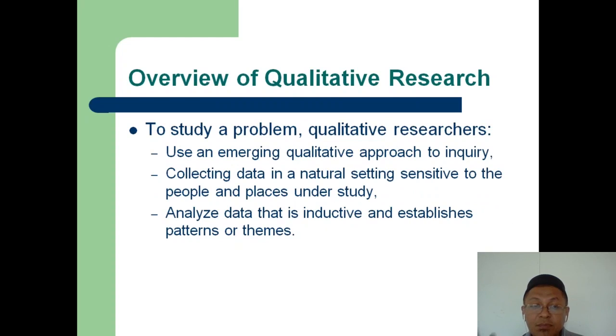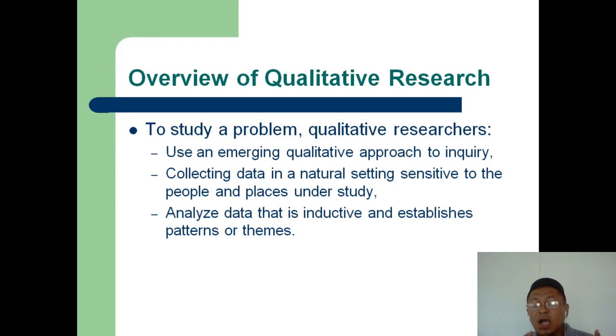Now to study a problem, the qualitative researcher uses an emerging qualitative approach to inquiry. Qualitative approach to inquiry here means the inductive approach or strategy. You will observe, collect data, and then analyze the data slowly, gradually.